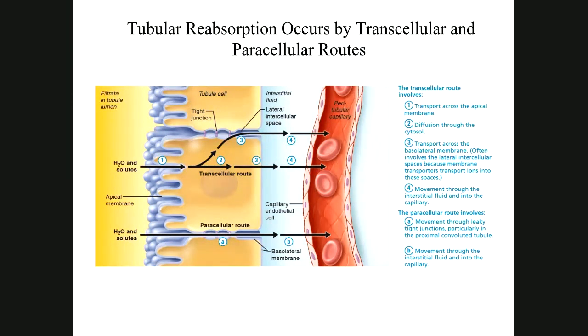So I recapitulate how the intracellular route involves transport across the cytoplasm or the cytosol, and transport also across the basal membrane, often involving the lateral intercellular space, because membrane transporters move ions into this space.